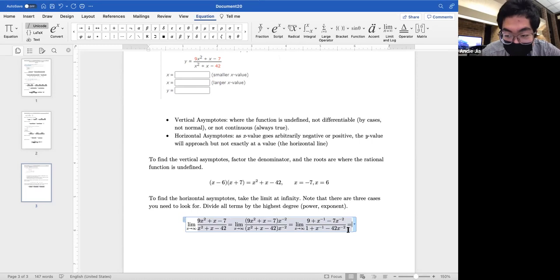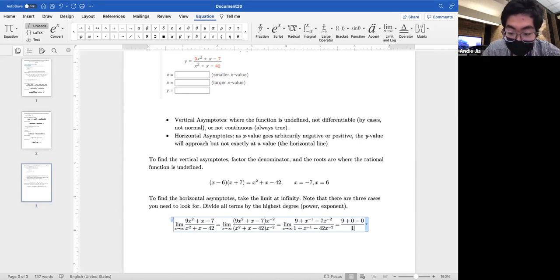Then those are 0, 0, and 0. This is going to be 9 plus 0 minus 0 over 1 plus 0 minus 0. It is 9 is the limit.